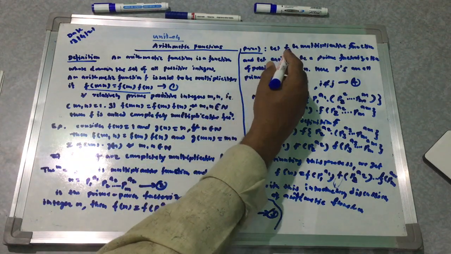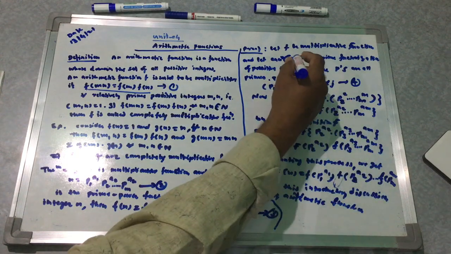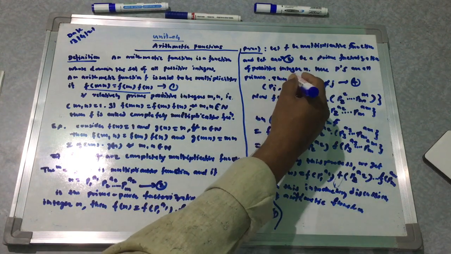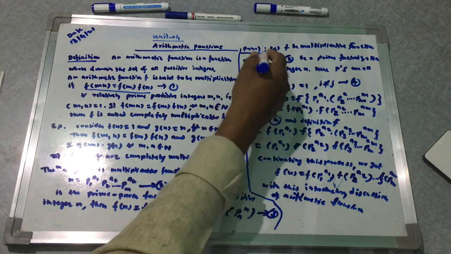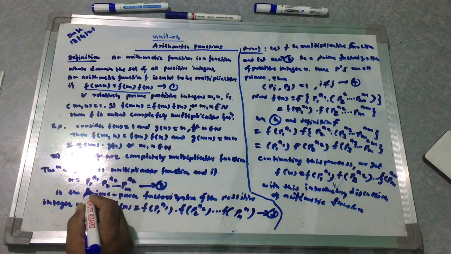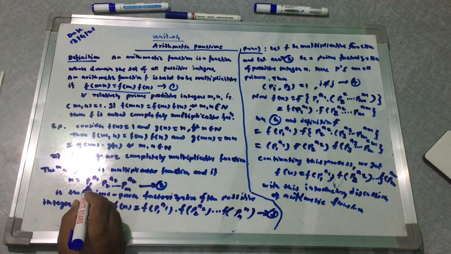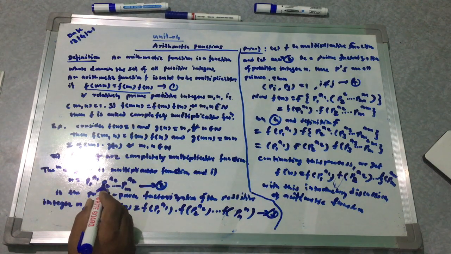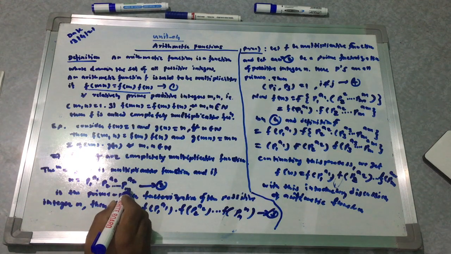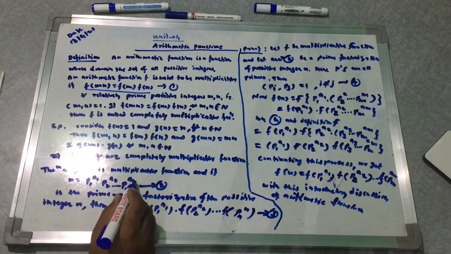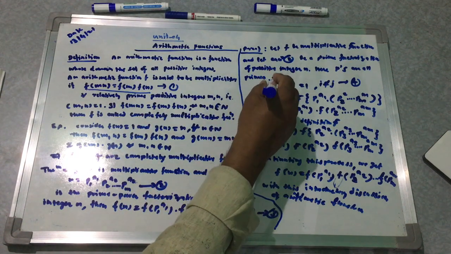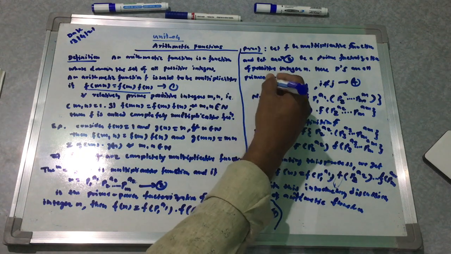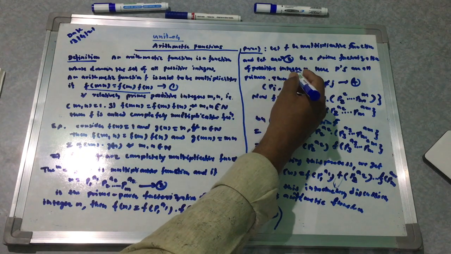Let f be a multiplicative function, and let n is equal to p1 to the power a1 into p2 to the power a2, up to pm to the power am, be the prime factorization of the positive integer n, where the p's are primes.